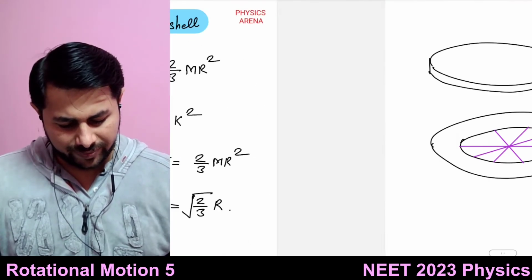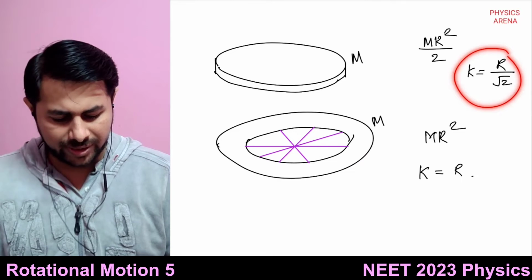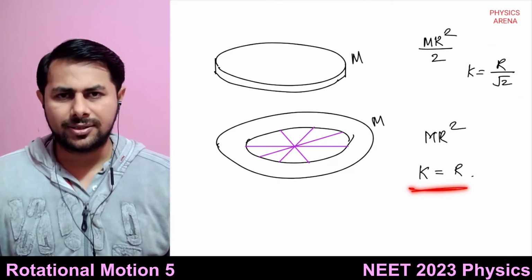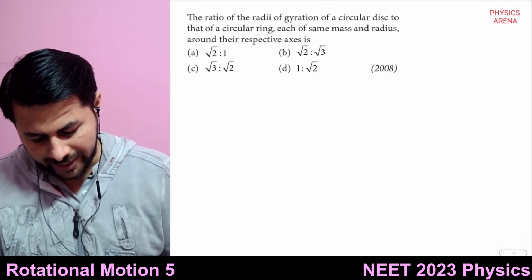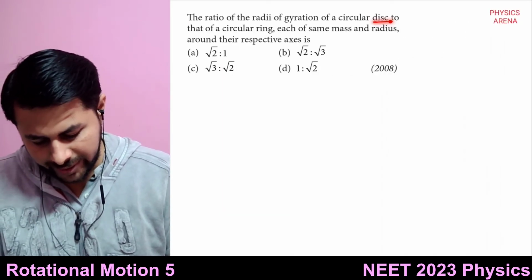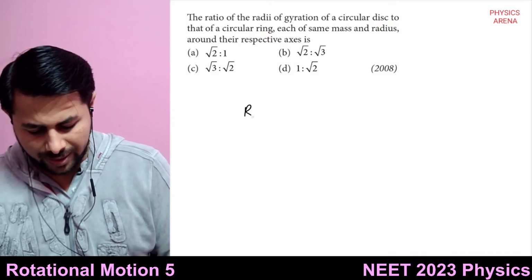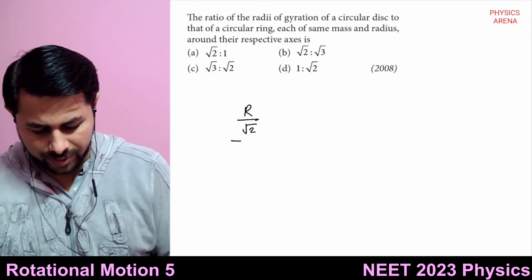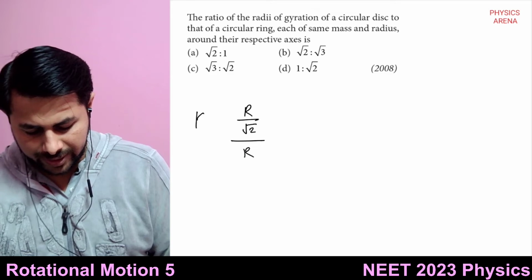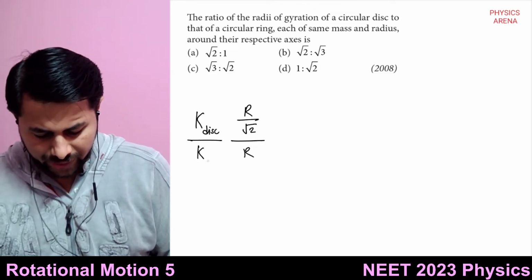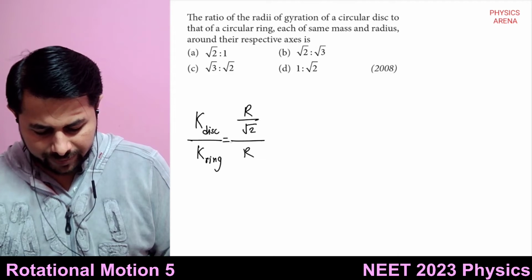For a disk, how much is the radius of gyration? It's r upon root 2. For a ring, it is r. So what's the answer? You want disk to ring, right? So it is r upon root 2 divided by r. This is the radius of gyration for a disk, and this is the radius of gyration for a ring.